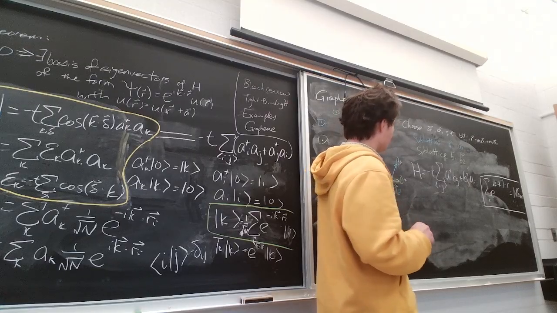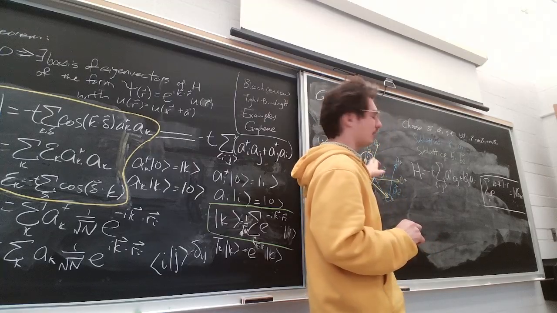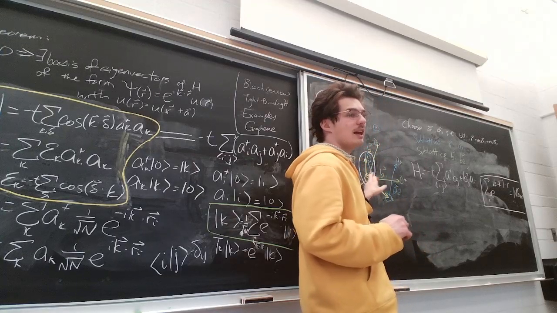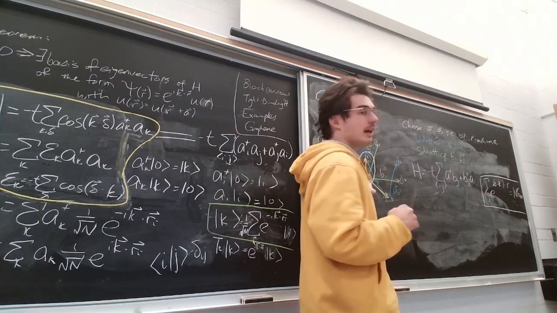The creation and annihilation operators still do the same thing: they create an atom at this site, destroy an atom at this site. It's just that now we want to differentiate between the blue atoms and the green atoms.